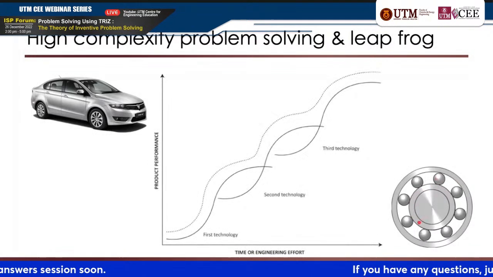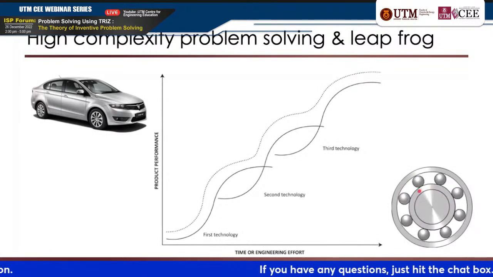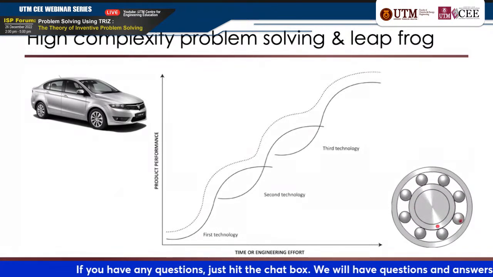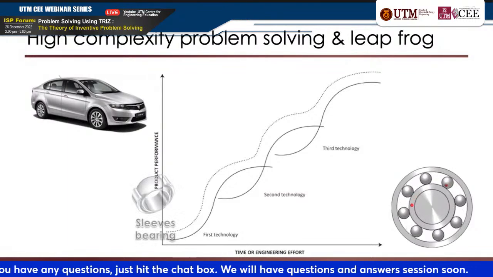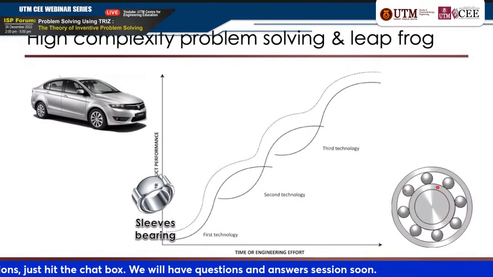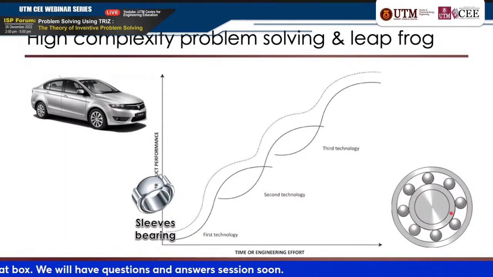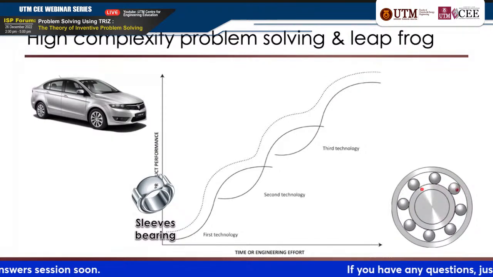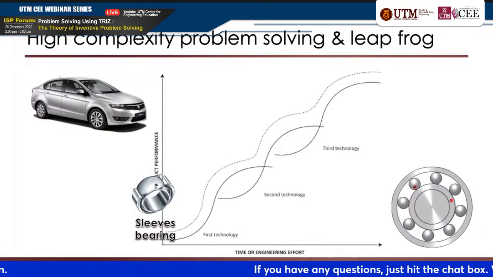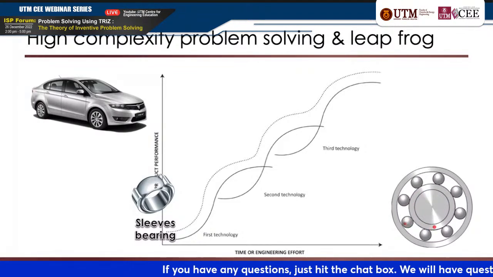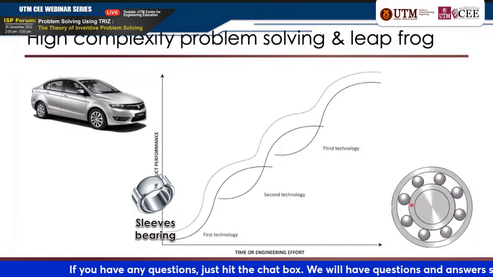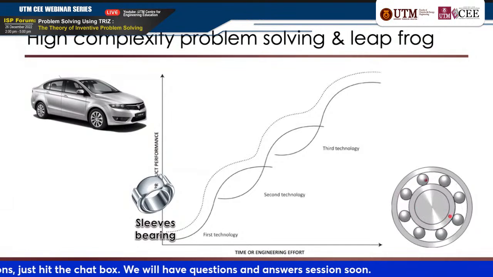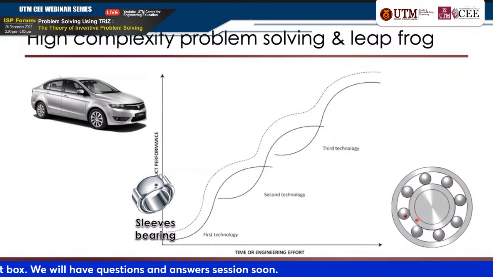This is one of the case studies that I learned in my previous work. We had a ball bearing, and the ball bearing created a lot of problems. We needed to maintain the lubrication and so on, and eventually the ball bearing became worn out and failed. This is the thing that we try to avoid.